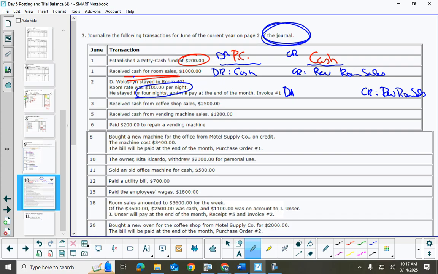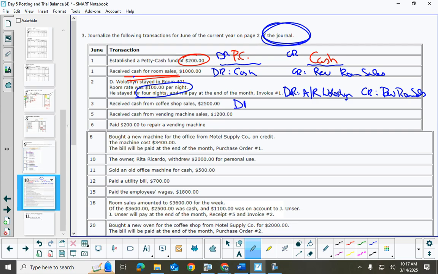Your debit will be your accounts receivable, Woloshin. And the reason why you're debiting it is that now he owes you even more money. So he owes you $400 more, and revenue is also $400 more, right? One debit, one credit.